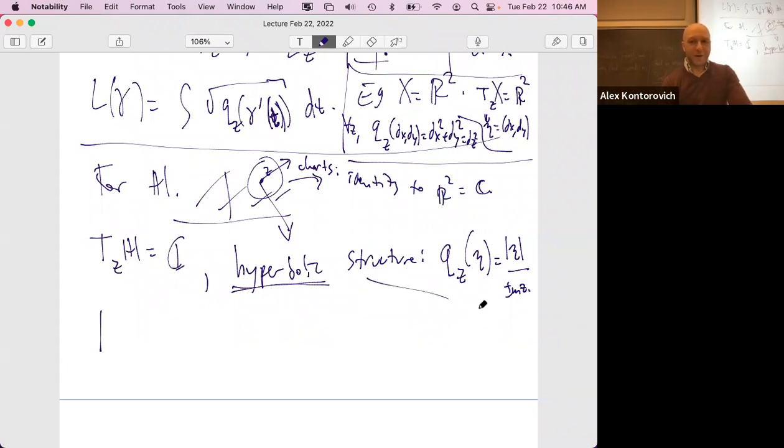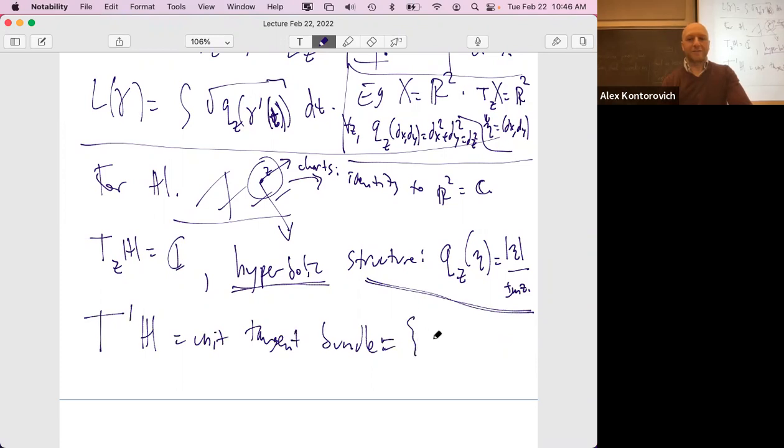So now that we have a Riemannian structure, we can say, what is the unit tangent bundle? It's the set of all points z and tangent vectors eta in the tangent bundle, such that the length of eta as measured at z by this quadratic form is 1.